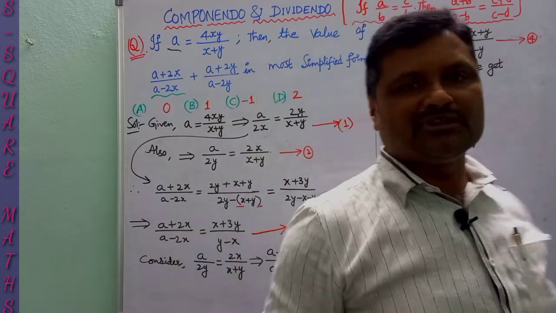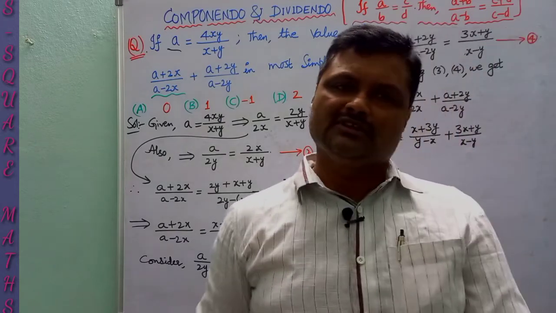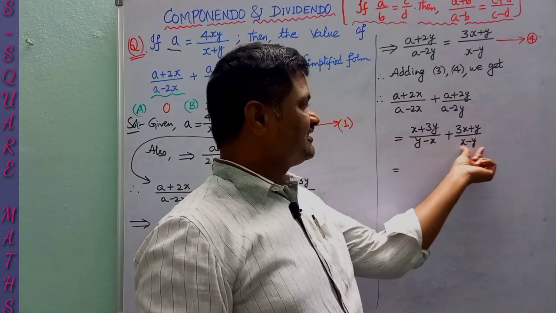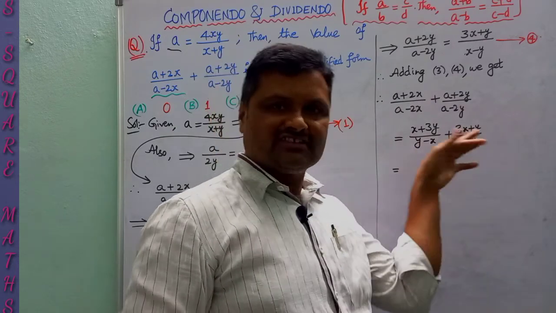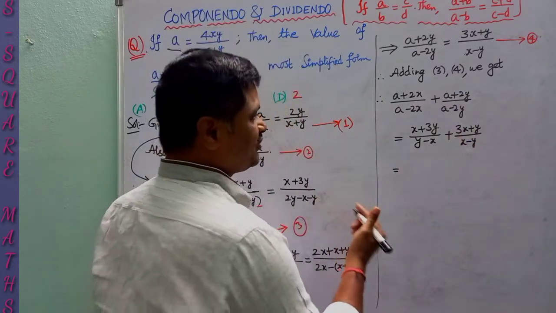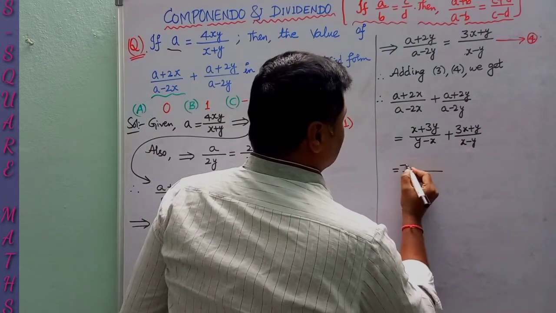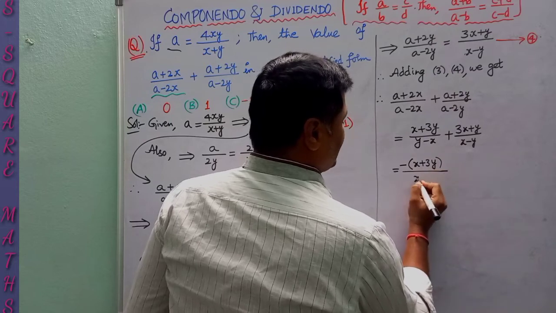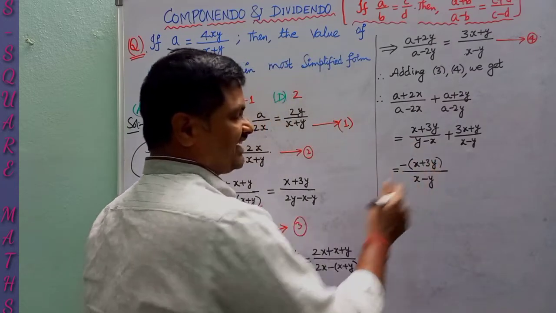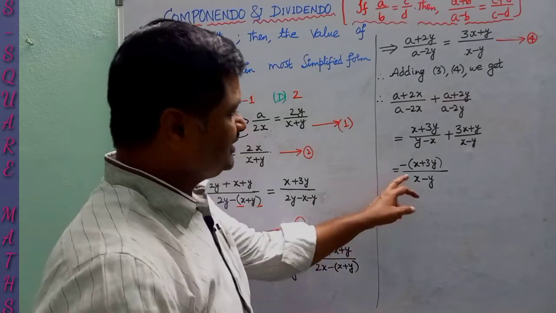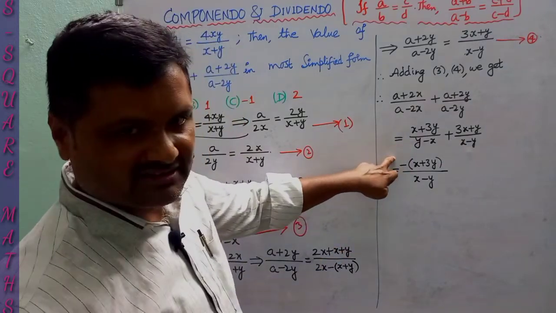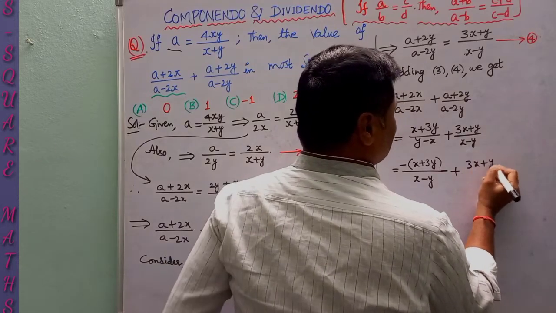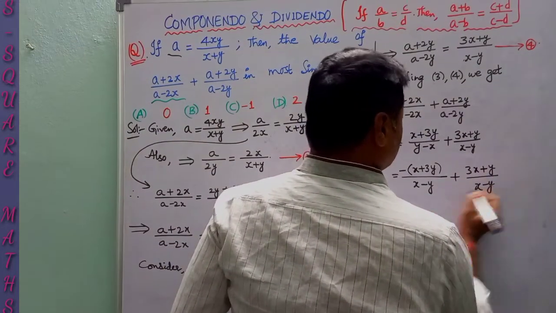Generally, many students will go for the LCM. To do it better, this is y minus x and this is x minus y, so taking minus common, I can write minus of x plus 3y by x minus y, plus 3x plus y by x minus y.